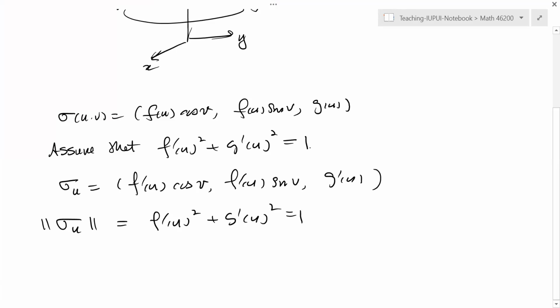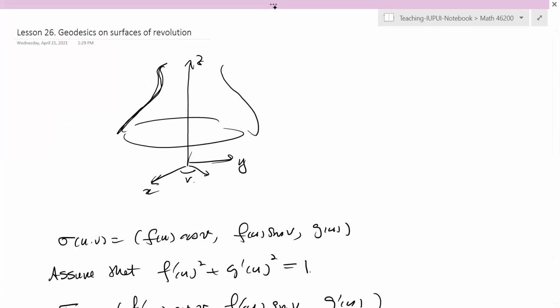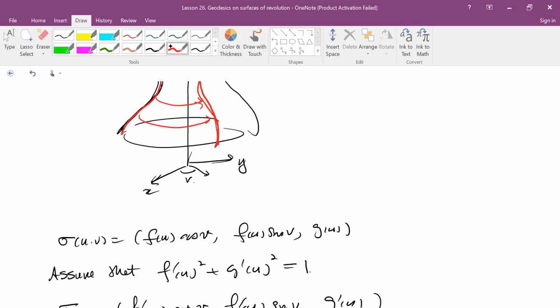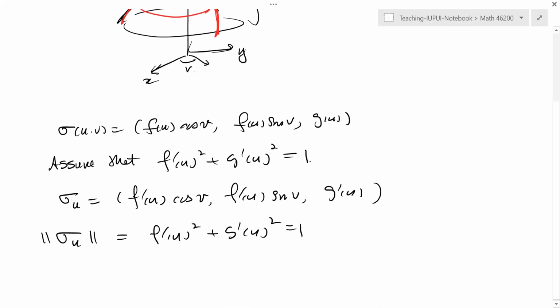So this is the angle v. For fixed v, you have a meridian. This curve is the same as the original curve; you just rotate it around the z-axis. If the original curve is unit speed, then this curve of course has unit speed.